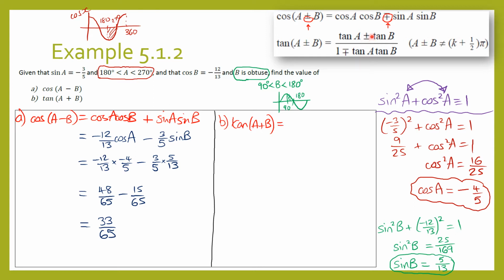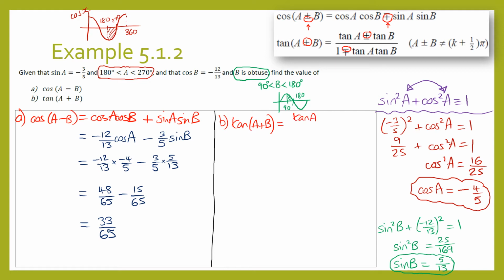So tan A plus B in the numerator, but 1 take away tan A tan B in the denominator. That's because we want tan of A plus B, and plus is the symbol on top. So in all the other cases where there's a choice, we need to choose the symbol on top.